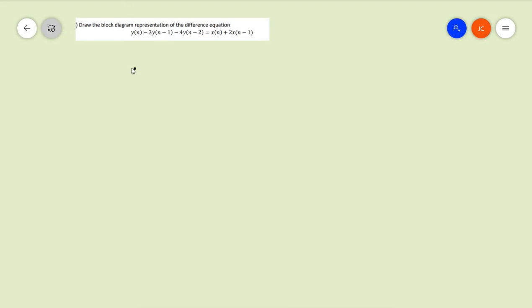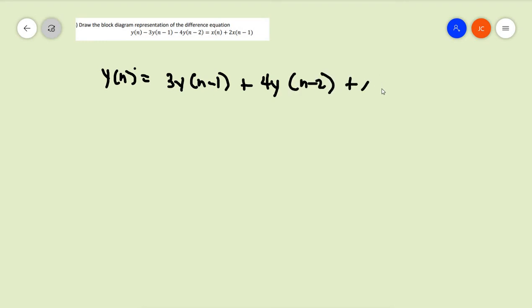To do this, we first separate the output in the equation so it is easier to understand. y of n is equal to positive 3 y of n minus 1, I'm just going to transpose it, plus 4 y of n minus 2, plus x of n.